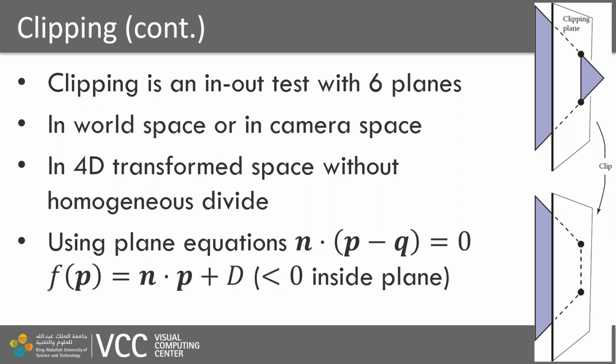So this is a simple test, and it could be based on the near and far plane, and it can also be based on the non-parallel planes which are forming the view frustum in the perspective projection case. As I said, clipping can be realized in the world space, in the camera space, and it can also be done in the 4D transformed space without the homogeneous divide.